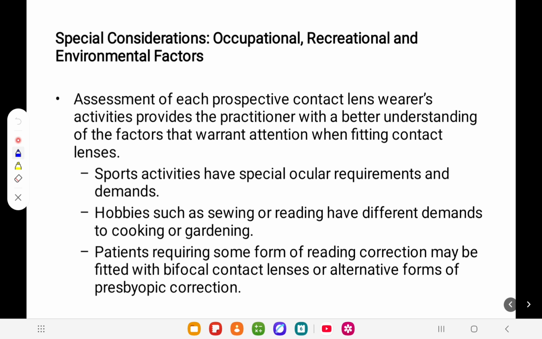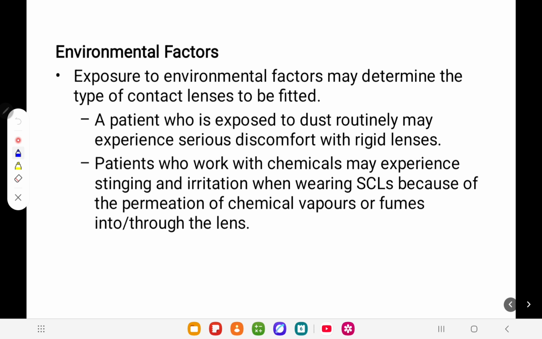A patient requiring some form of reading correction may be fitted with bifocal contact lenses or an alternative form of presbyopic correction. Environmental factors we should also take into account, as the exposure to environmental factors may determine the type of contact lens to be fitted. A patient who is exposed to dust routinely may experience serious discomfort, especially with RGP corneal lenses.